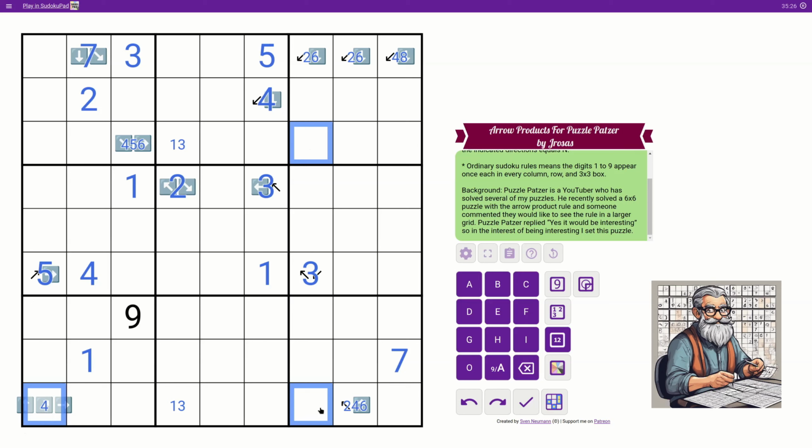Because if this is 6, we can't have 2, 3. Any other options that I'm not thinking about? I don't think so. So 1 and 6. But 1 and 6 would give us a 6 here, and that's a 1. And this would have to be 2. But 2 with the 6 here is no-go, right? Right, so this is 4.